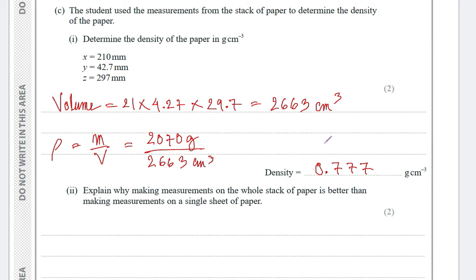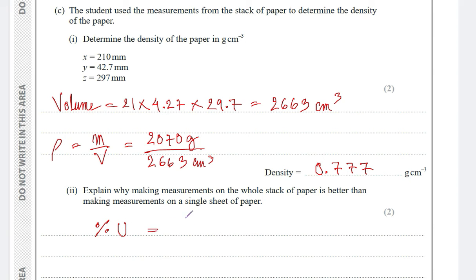Explain why making measurements on the whole stack of paper is better than making measurements on a single sheet of paper. This is a very common concept, one of the most common concepts in Unit 3 physics. That is, the moment you increase your measured value, right? So let's recall the equation for percentage uncertainty, right? In any measurement, you always want to minimize your percentage uncertainty.